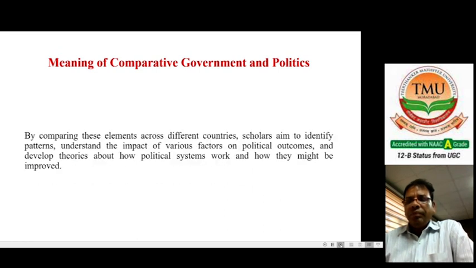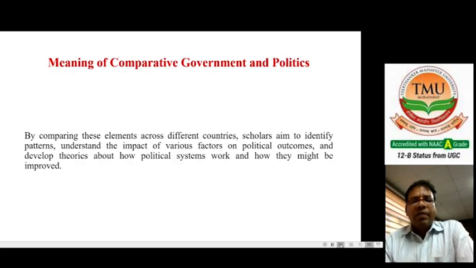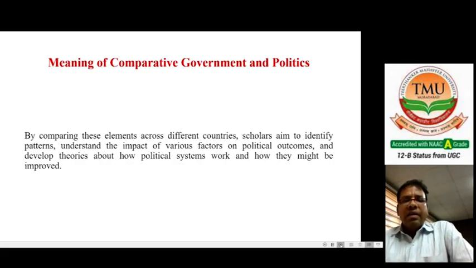Meaning of comparative government and politics. By comparing these elements across different countries, scholars aim to identify patterns, understand the impacts of various factors on political outcomes, and develop theory about how political systems work and how they might be improved.